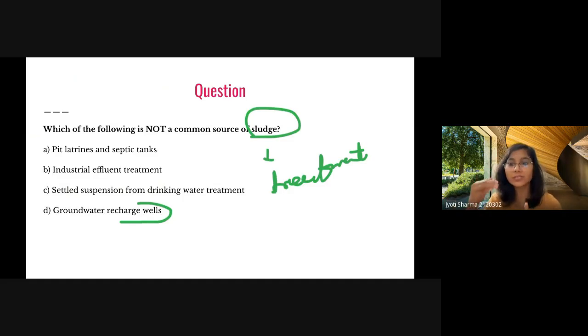So this is also sludge that you get while treating the water that you will drink, right? So sludge you will get only after the treatment processes. That's how D is the odd one out, and this is not a common source of sludge.